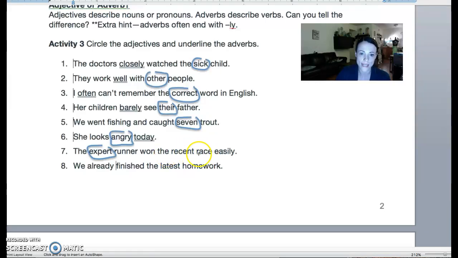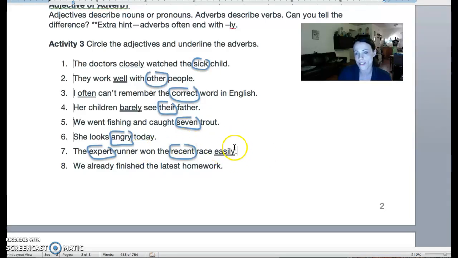So the word race, we have a race. Race is a noun, so recent is an adjective that describes race. Then finally we have the word easily. Now, easily is an adverb describing how she won. Did she win with difficulty?